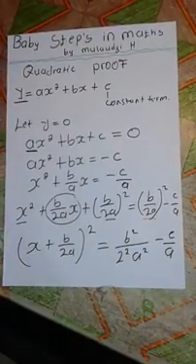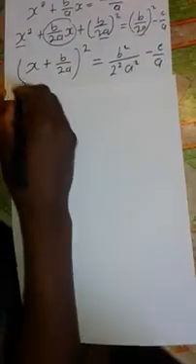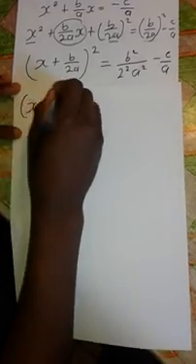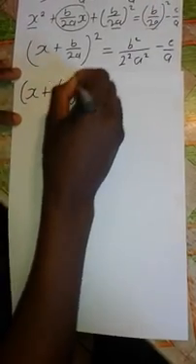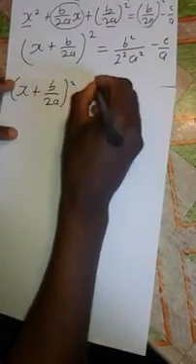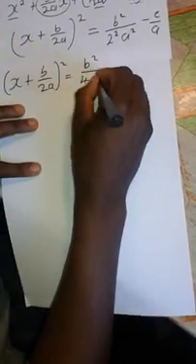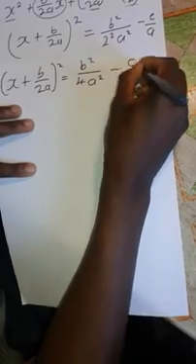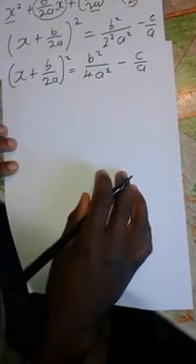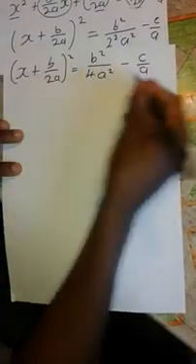Okay, let me get another paper. Now we are going to have x plus b over 2a all squared is equal to b squared over 4a squared minus c over a. Okay, now we need 4 to be on this side.